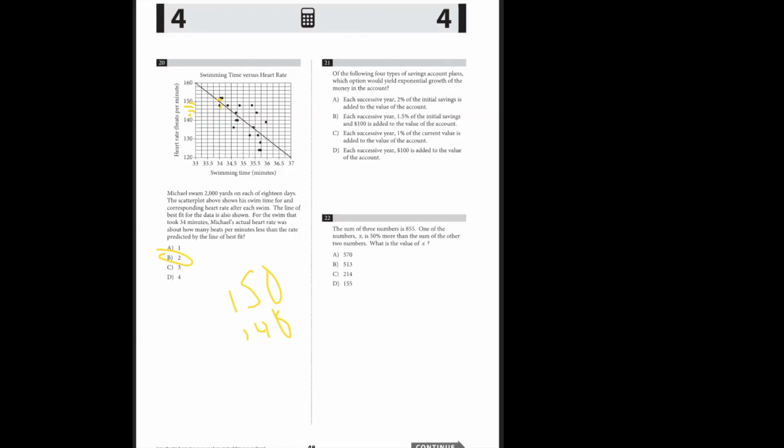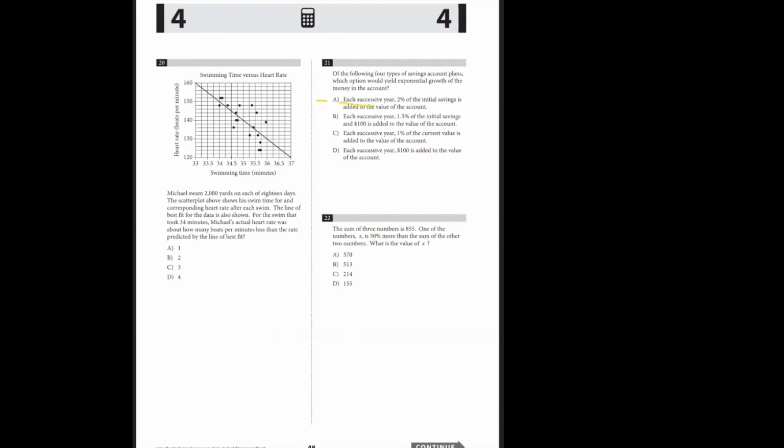So let's look at choice A. Each successive year, 2% of the initial savings is added to the value of the account. Well, if we're only adding 2% of the initial savings, it's going to be the same every year. It's going to be the same growth because the initial savings could be 100 and they'd just be adding 2 every year. So it can't be that one.